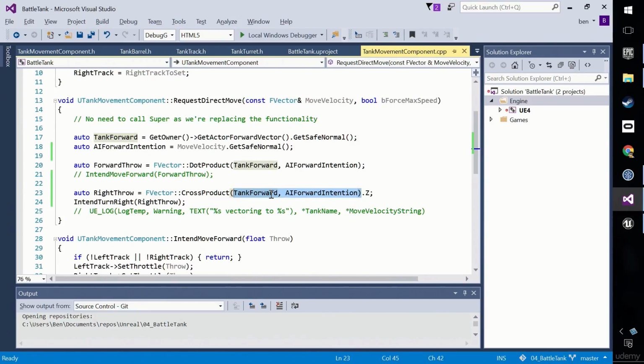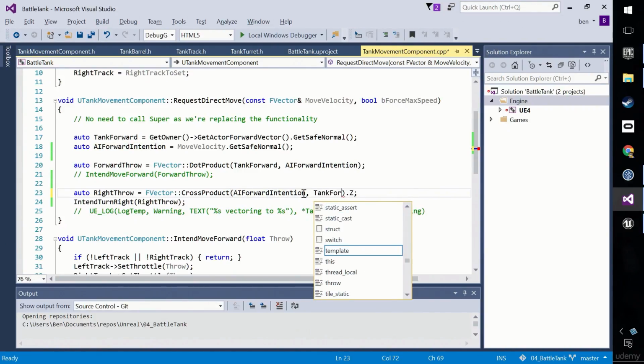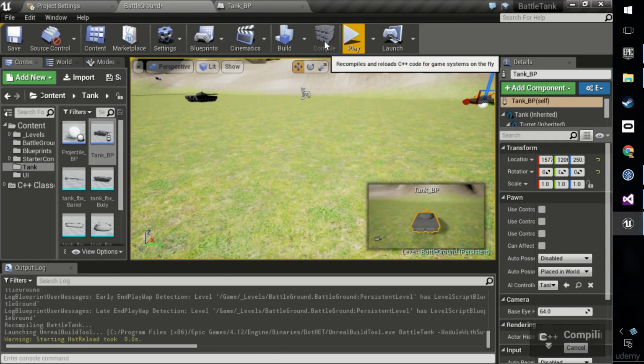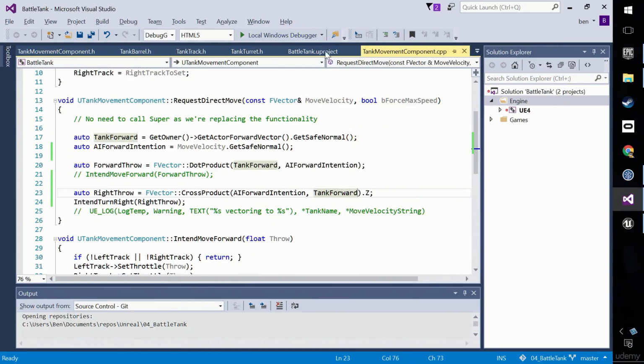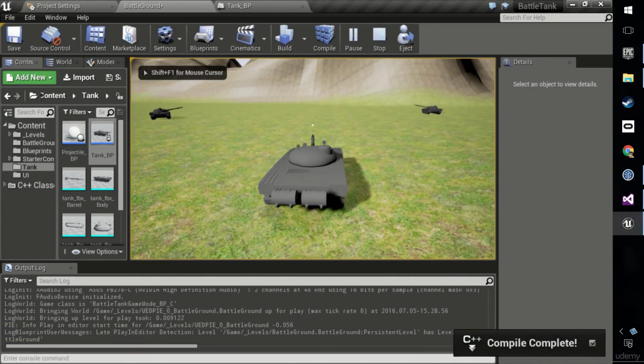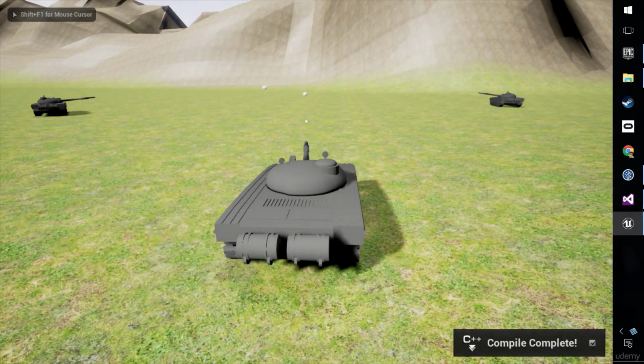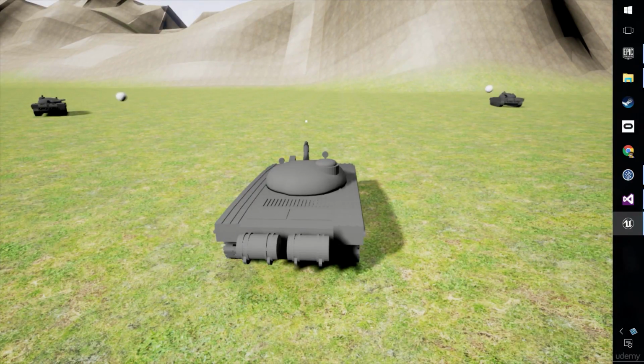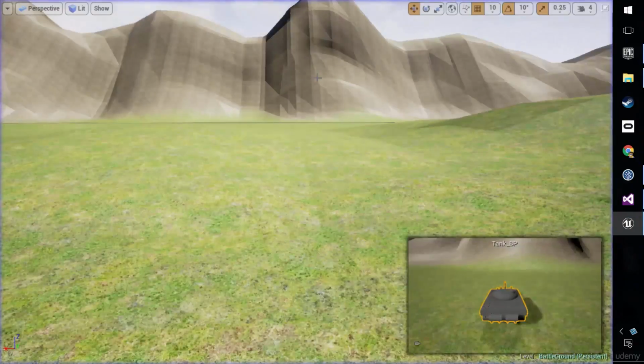Let's try doing it round the other way. Recompile. And then if it works, what we'll do just very briefly at the end is turn the forward movement back on and see what the total movement looks like. Okay, let's have a look now. No, I think that's worse.